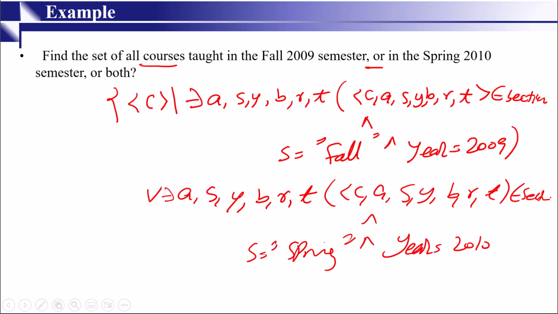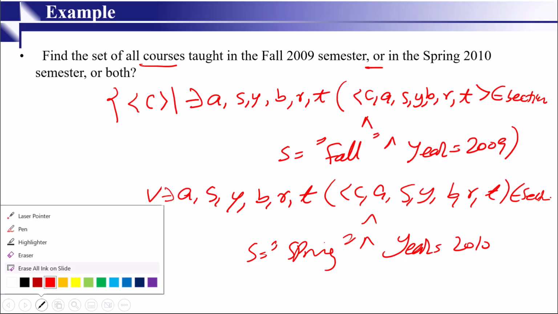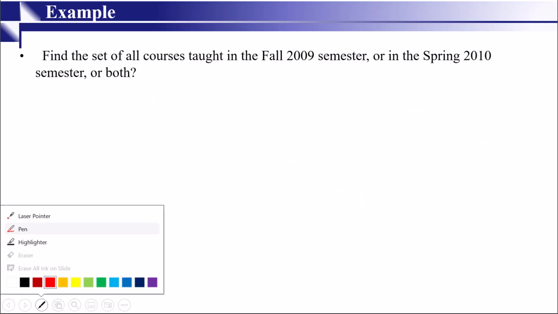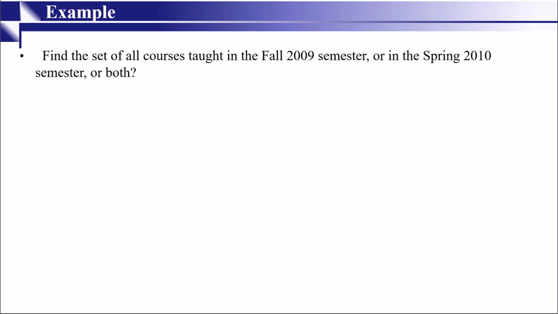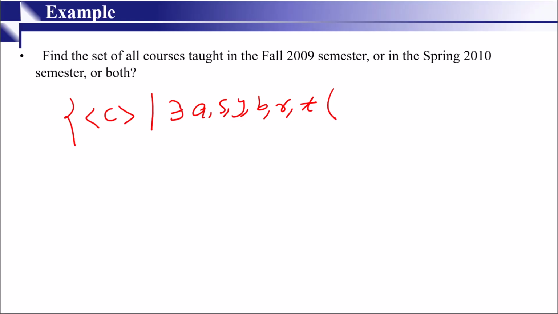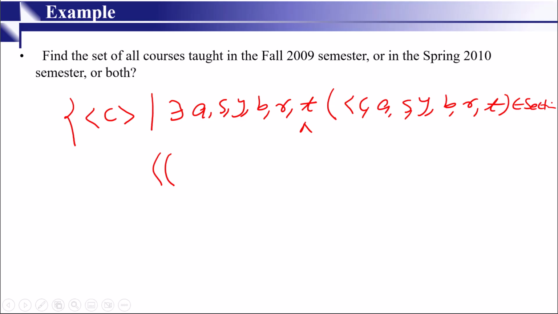If I want to write in another form, shorter version, I can write this way. I can say C, there exists A, S, Y, B, R, T, then C, A, S, Y, B, R, T in section, and in here conditions will be together.